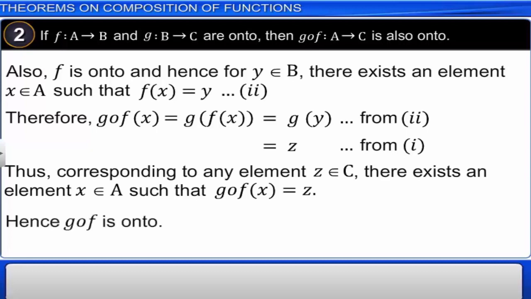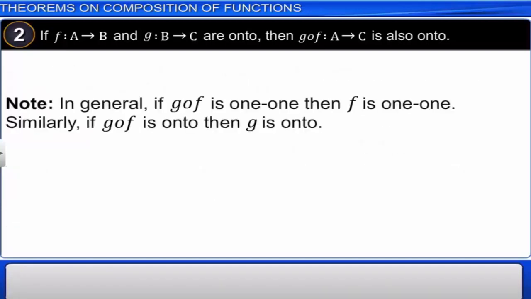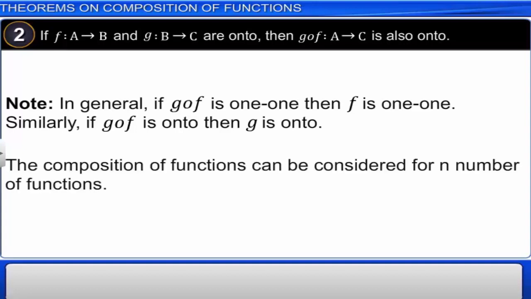Hence, the composition of f and g is onto. Please note that, in general, if the composition of f and g is 1-1, then f is 1-1. Similarly, if the composition of f and g is onto, then g is onto. The composition of functions can be considered for n number of functions, but in this class, we are discussing only 3 functions.